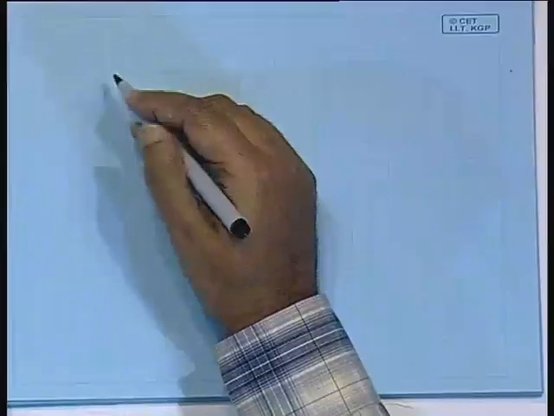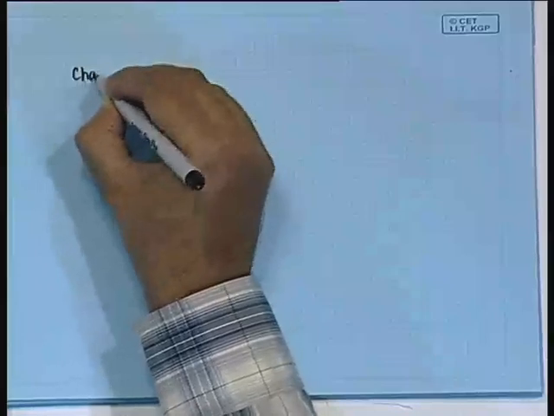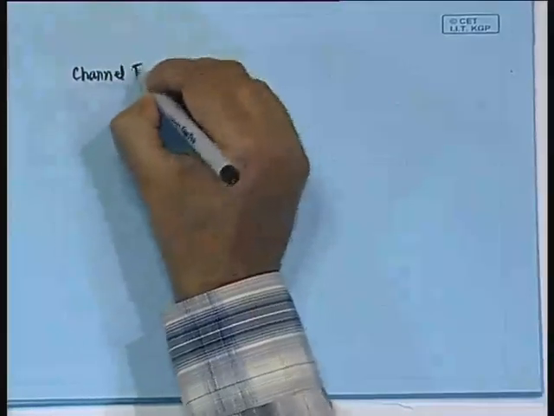Now, to do that we maintain a table and we refer to the context in the tables in order to achieve that compression. So, first of all we have a channel table.